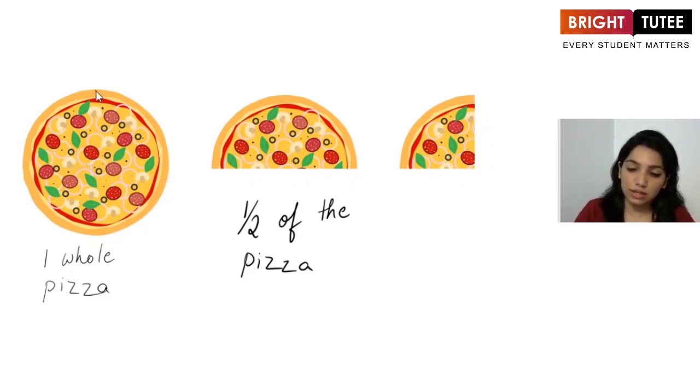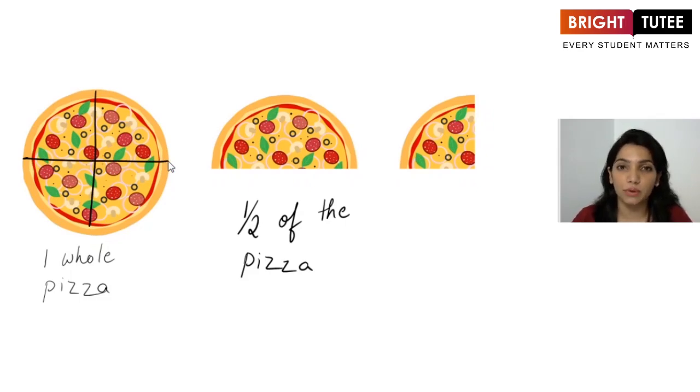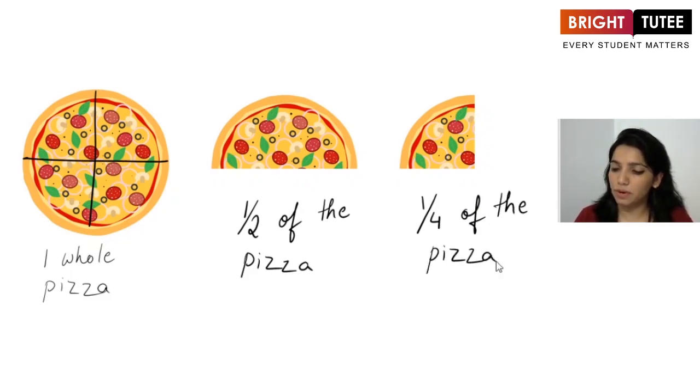And if you can see, in the last image, we have basically divided the pizza into four parts. This part here, we call it a quarter. It's 1/4 of the pizza, right?